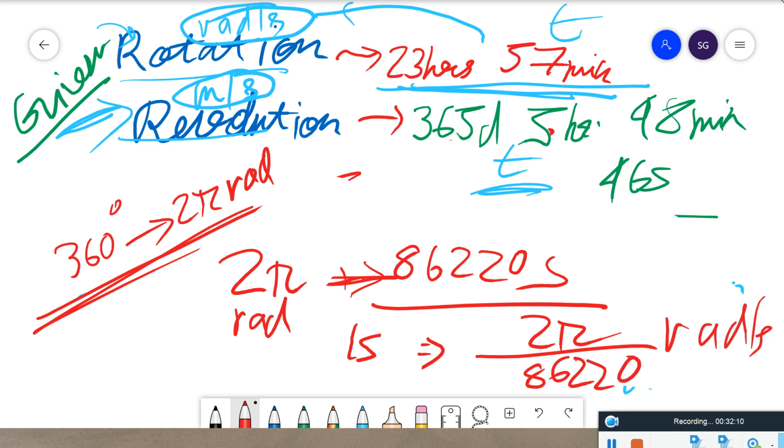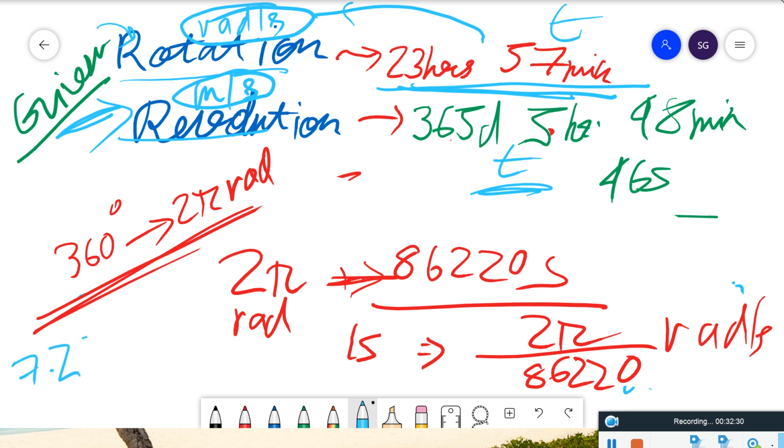Your final calculation answer would come out to be, this is the final answer, I am writing in blue color, 7.287 radian.